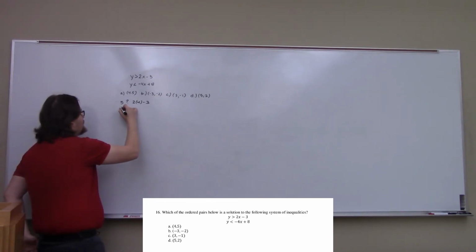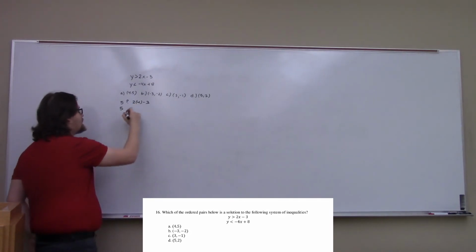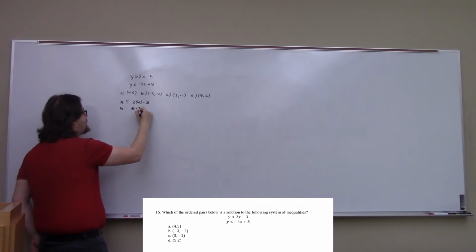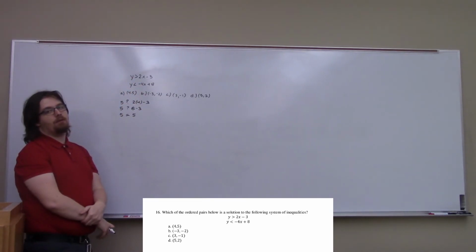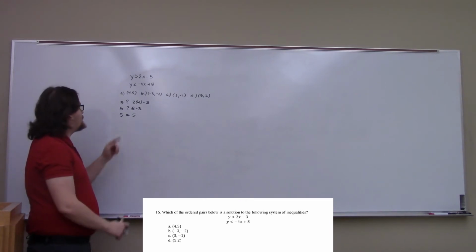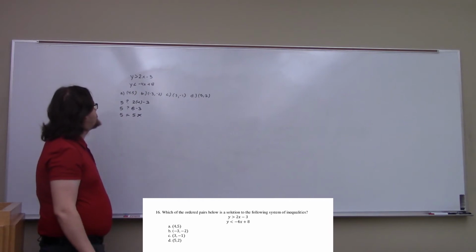So if we simplify, we have 5 on the left side, and then we have 2 times 4, which is 8. And then we have 8 minus 3, so 5, and we find that 5 is equal to 5. Here we have less than. It's not less than or equal to, it's just less than. So this one cannot be true, and we don't need to continue to the second equation.